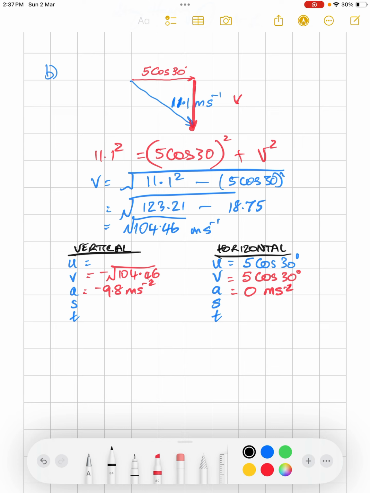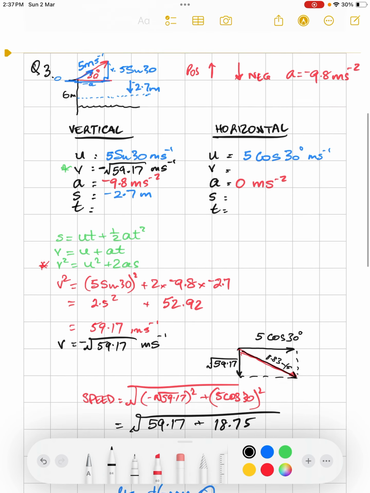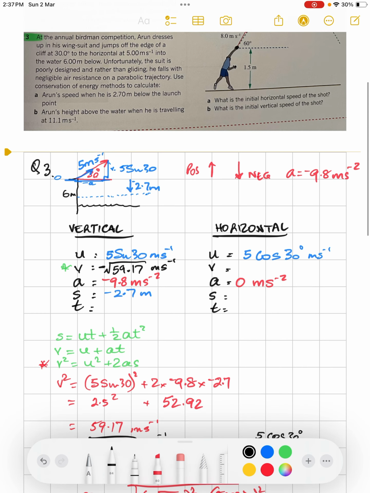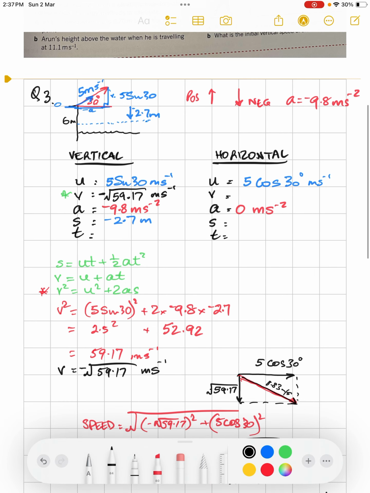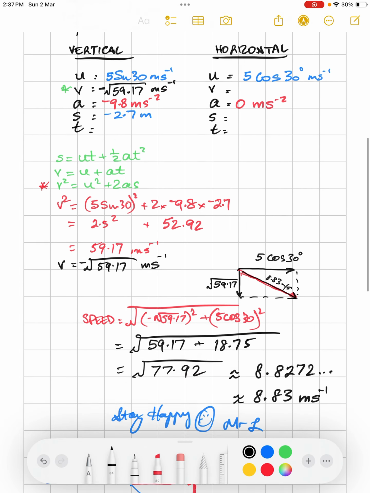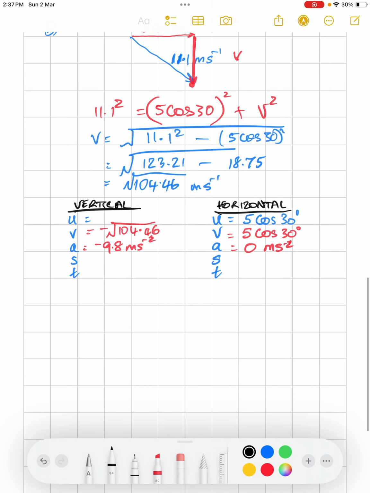Now, we're not after S, we're after the height. Yeah, our displacement.